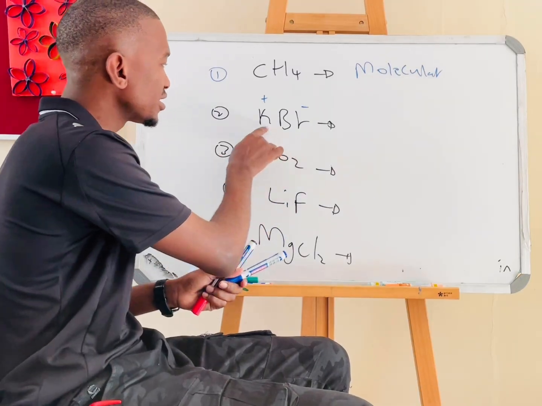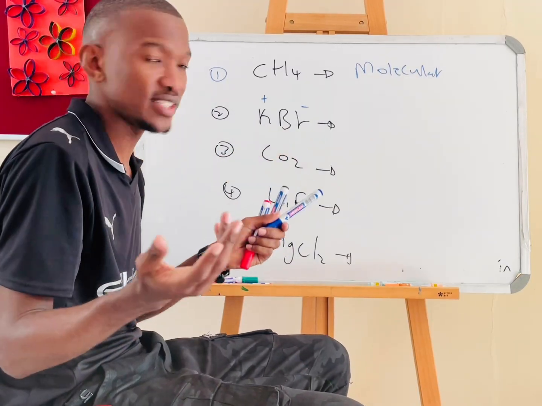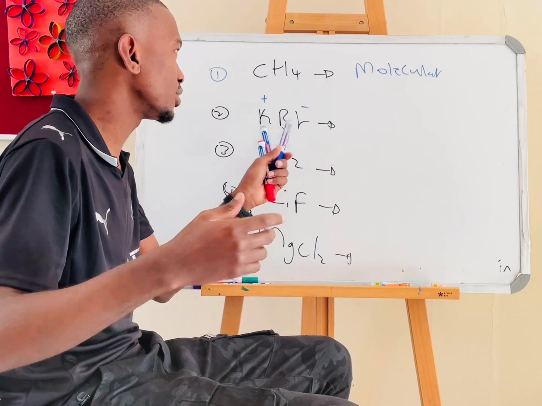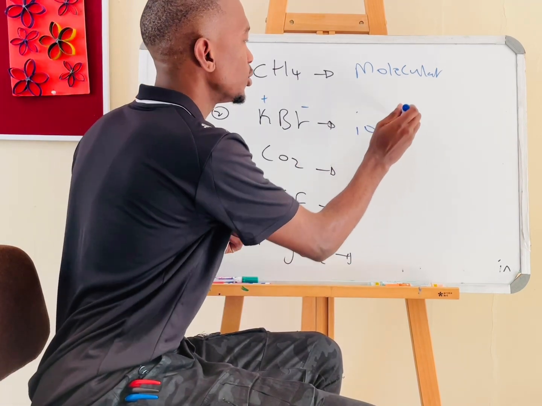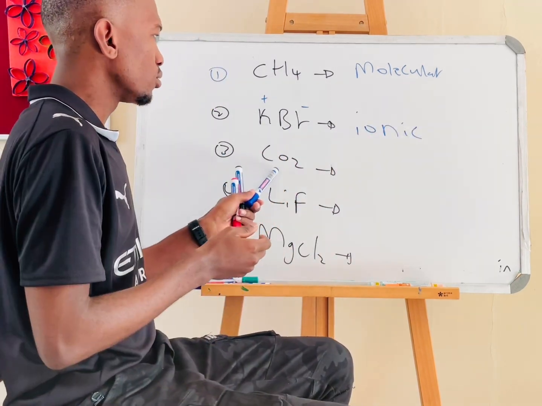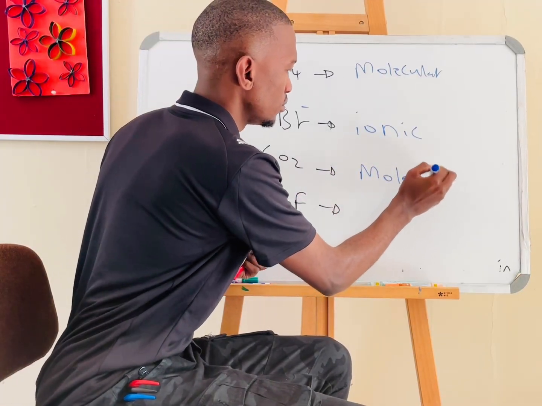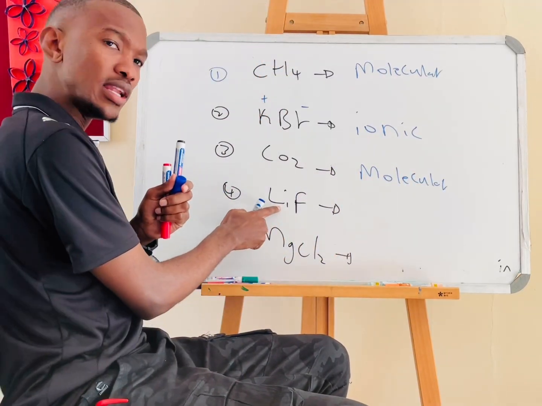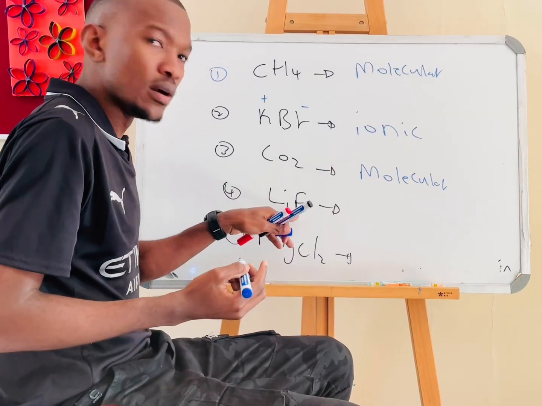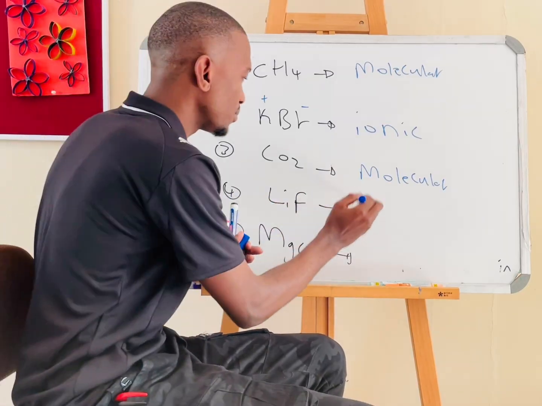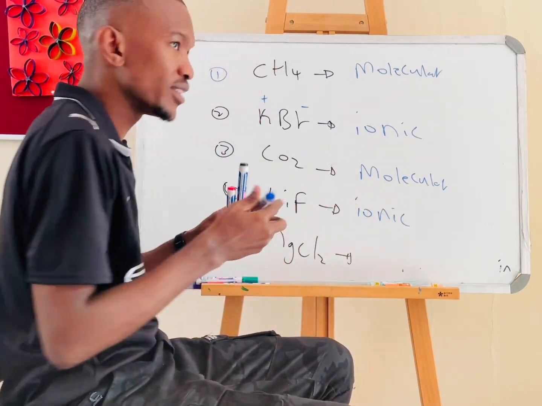So here you can see K is potassium, which comes from metals. You get it? So this one is ionic. CO2, they are still non-metals. What is this one? Molecular. What about this one? Lithium is a metal, and F is a non-metal. This becomes what? Ionic bond, ionic substance.